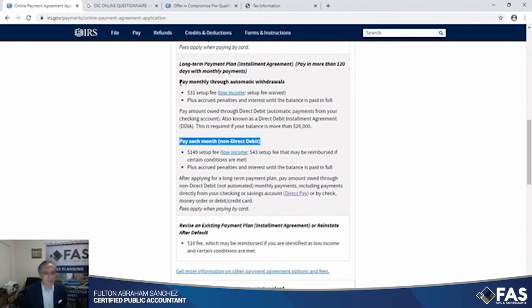If you have selected payment by automatic debit or automatic withdrawals, then the setup fee is $31, and for low income taxpayers it is free, it is waived. Those are the fees for the installment agreements.